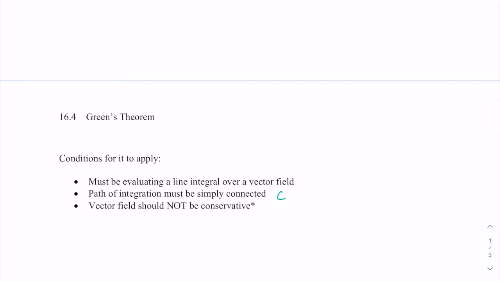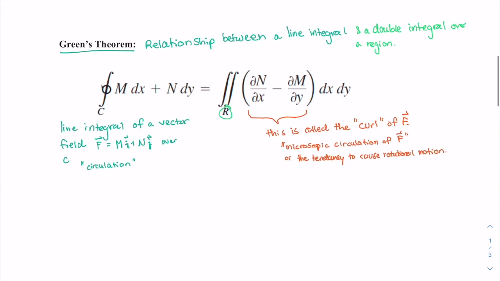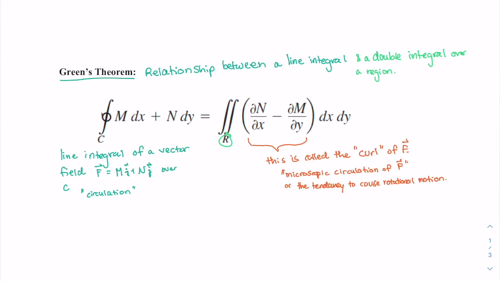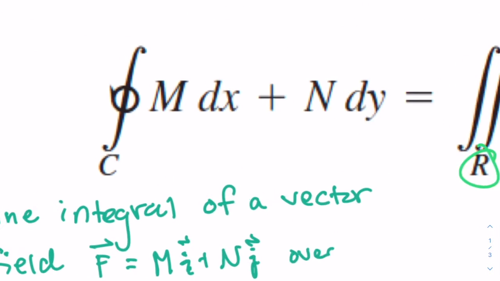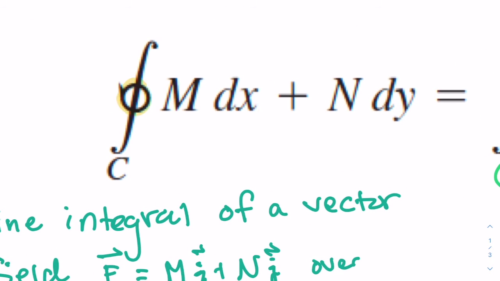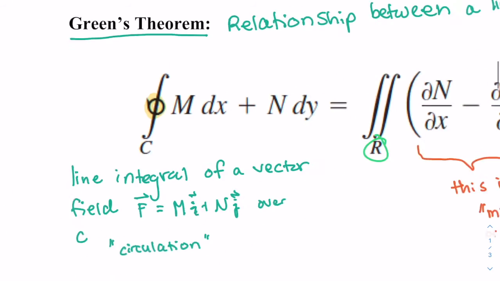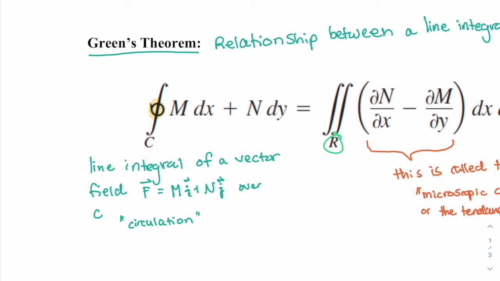And you know that that's implied in the formula because on that left-hand side, whenever we see this circle over the integral symbol, that automatically indicates that the curve C you're integrating over must be a simply connected curve that forms a closed loop and doesn't cross over itself.